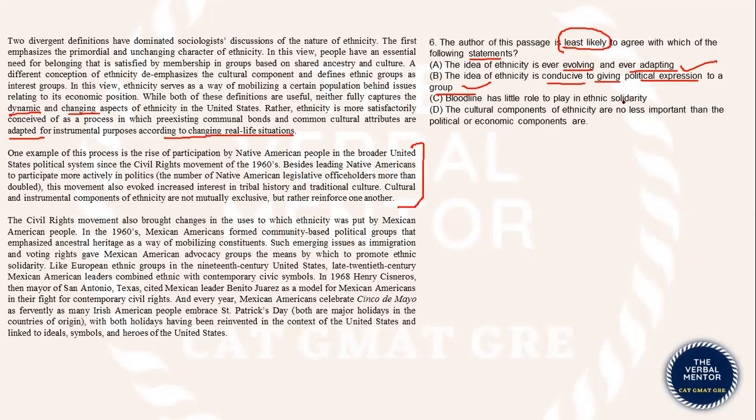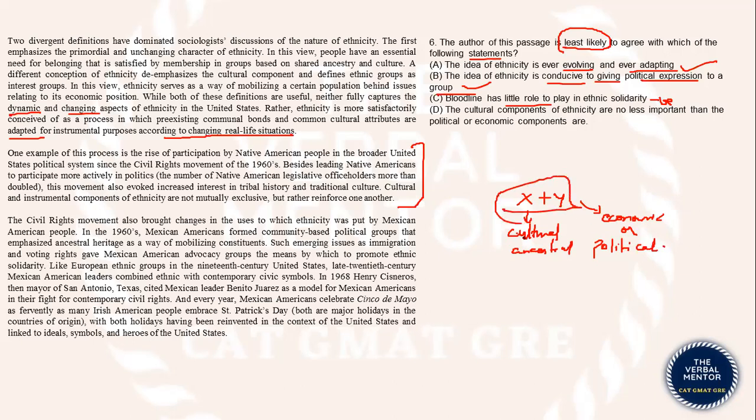Option C, bloodline has little role to play in ethnic solidarity. Well. Now this is negative. But author says X plus Y. Both are important factors. X is cultural factor or the ancestral factor. And Y is the economic or political interests. And author says both of them are important. It's a combination of the two, which forms the holistic definition of ethnicity.